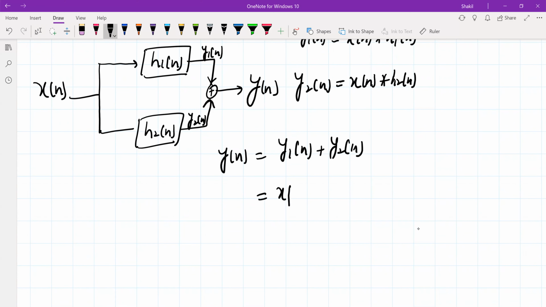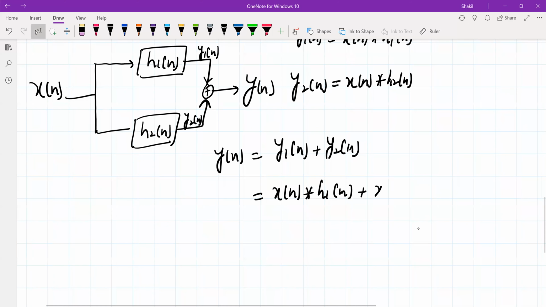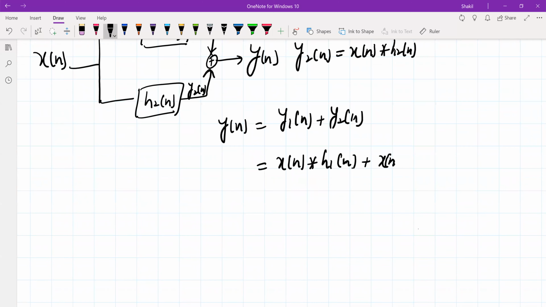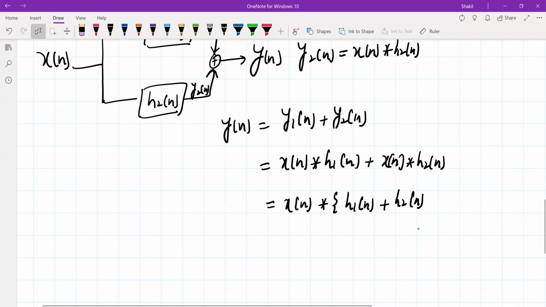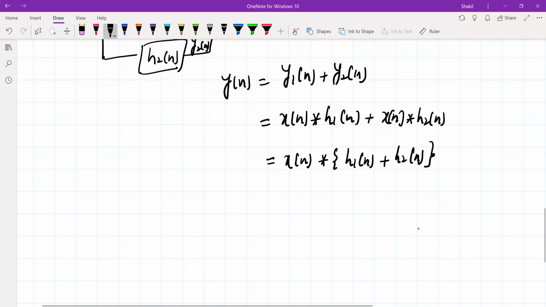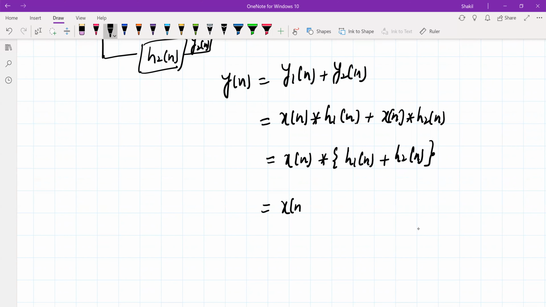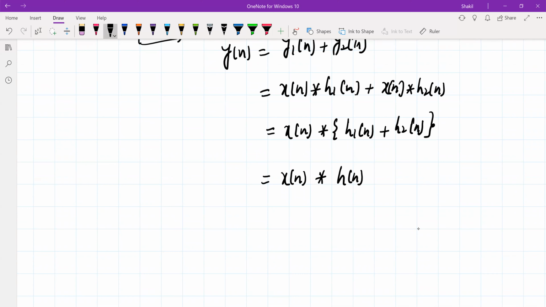Substituting the values of y1 of n and y2 of n, and taking x of n common, you get x of n convolved with h1 of n plus h2 of n. So this is simply the convolution between x of n and some h of n, where h of n is the sum of the impulse responses of the two individual systems.